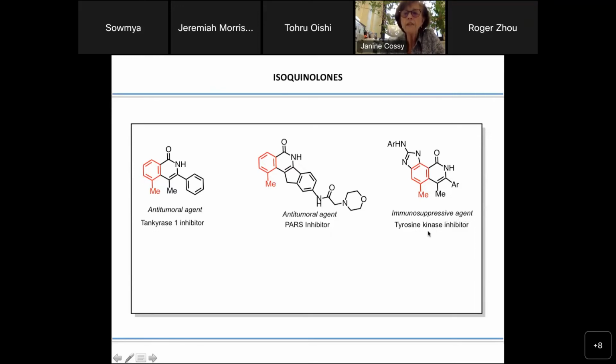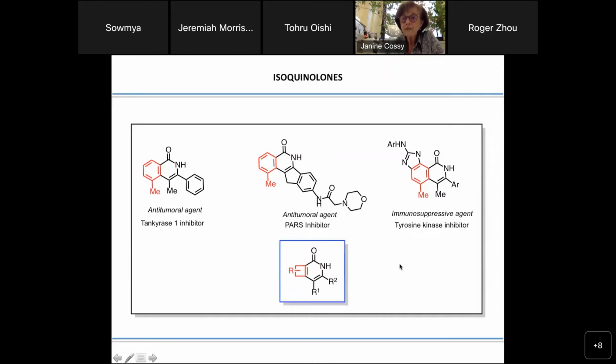It is a tyrosine kinase inhibitor. And in fact, all these isoquinolones possess an aromatic ring in here and a heterocycle at this position. What can we do if we want to increase the biological activity of such compounds? Well, maybe replace the phenyl ring by a cyclobutane.